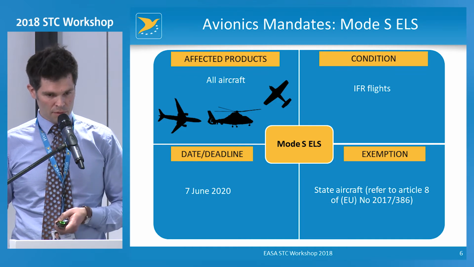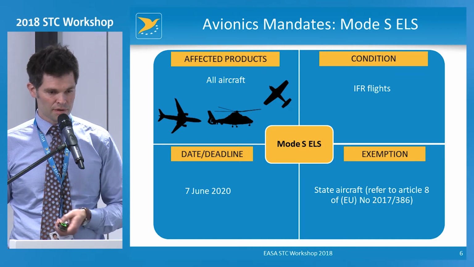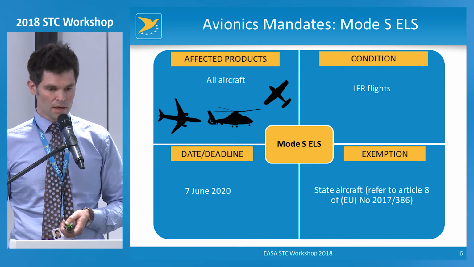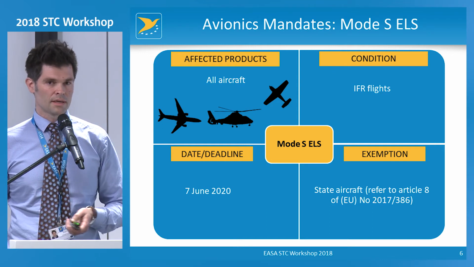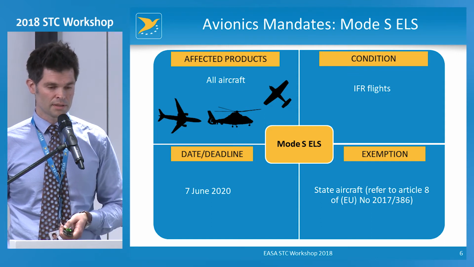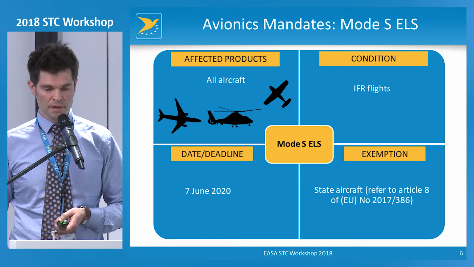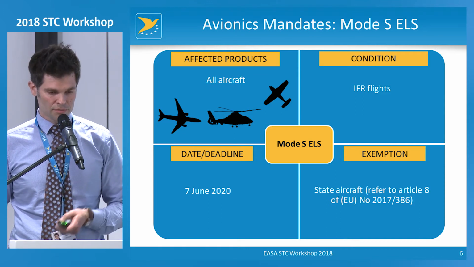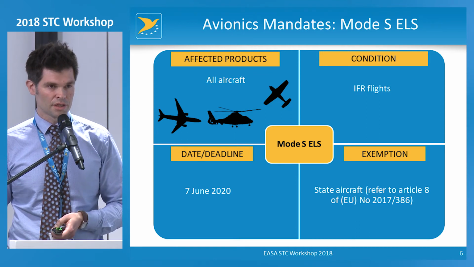First, we have the Mode S with elementary surveillance, which applies to all aircraft for IFR flights. The deadline is the 7th of June 2020. And again, you have special arrangements for state aircraft. Please refer to Article 8 of the regulation.